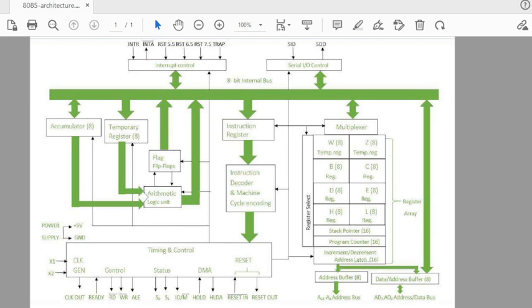And there is A8 to A15, which is used only for the high order address. So on a low order address bus AD0 to AD7, when we will use it as the address bus, and when we will use it as the data bus, it is bifurcated by the ALE signal.